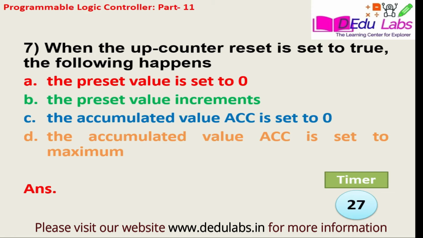And option D, the accumulated value ACC is set to maximum. The answer is option number C, that is the accumulated value ACC is set to 0.